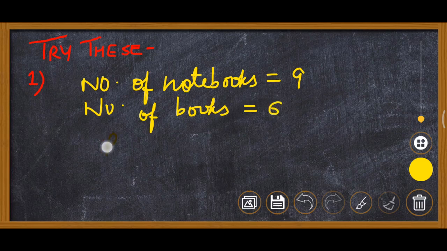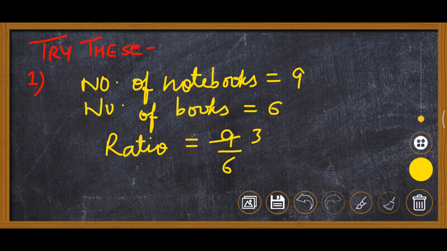Now we are finding the ratio. You can take according to your bag also if you want to change. Then the ratio is 9 upon 6. So we will cut it by 3. 3 3s are 9, 3 2s are 6. So this is 3 ratio 2.